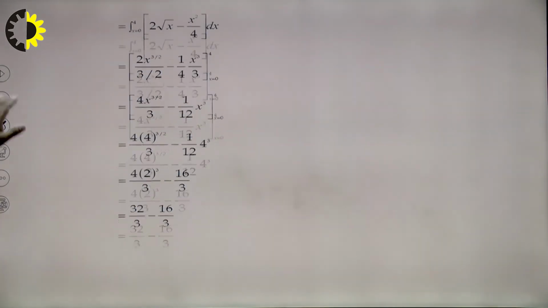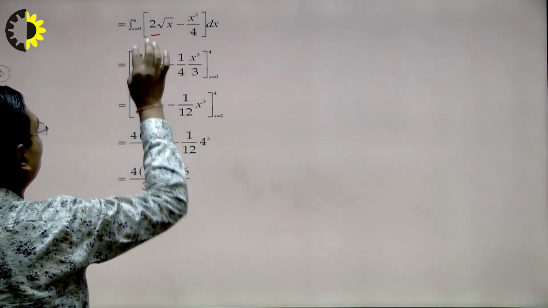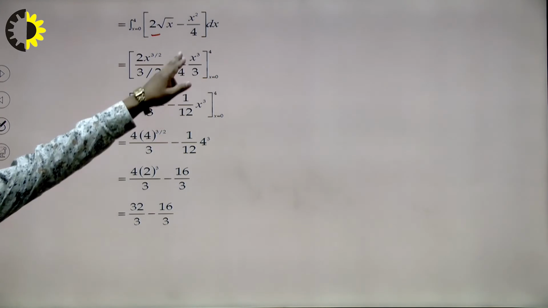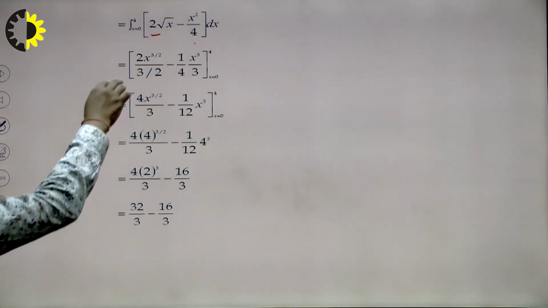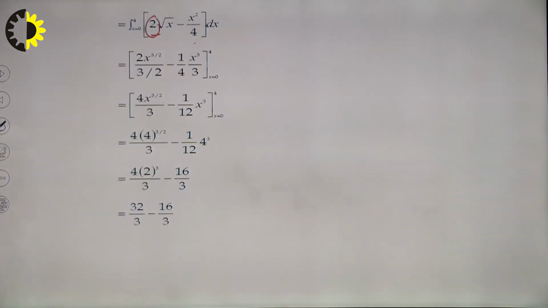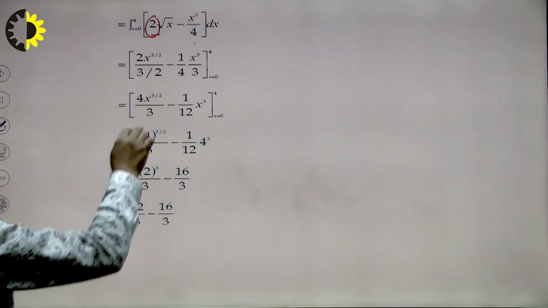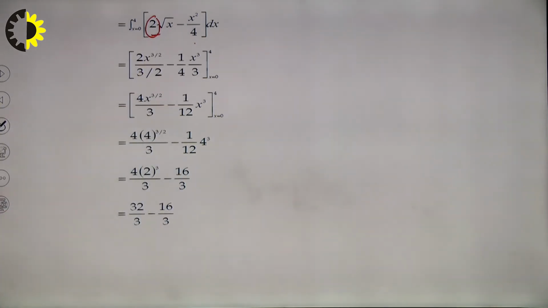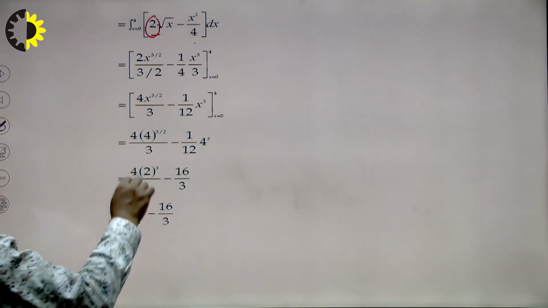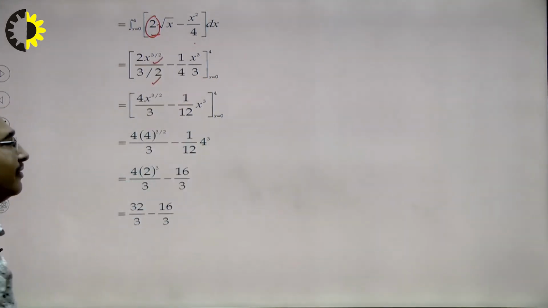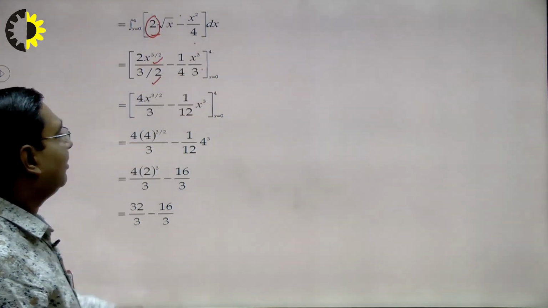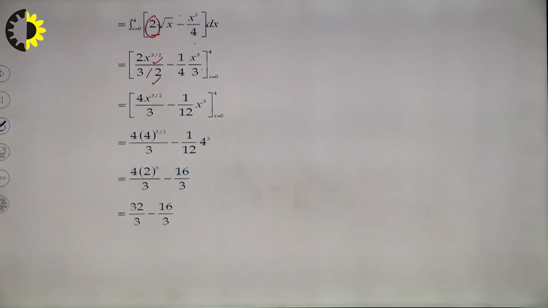Simplifying, I obtain 2 root x from first term, x square by 4 as it is. This 2 is constant, will remain unchanged, but root x will be x raised to the power half. Integrating it by the formula for x raised to the power n, I will obtain x raised to the power 3 by 2 upon 3 by 2. This x square will be x cube upon 3 after integration.